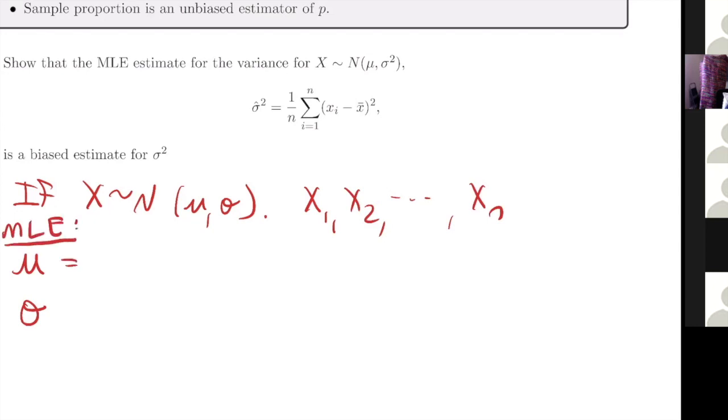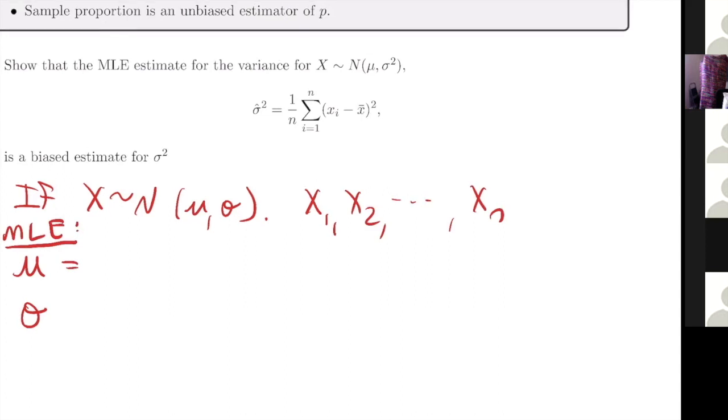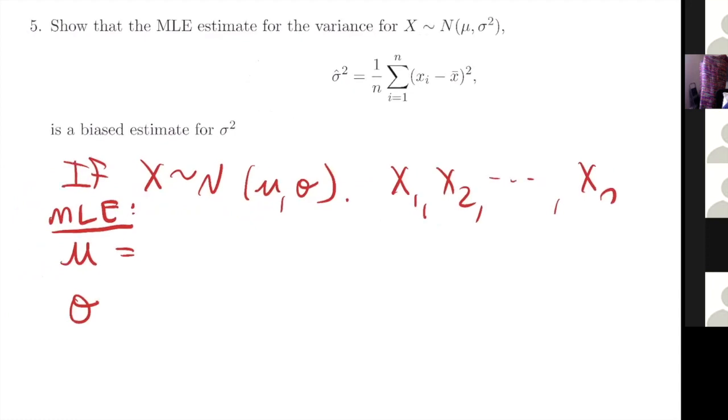What you can see is that the maximum likelihood estimate for mu is going to equal the same calculation for x's. And the MLE estimate for sigma is the same kind of corresponding calculation, but with the sample.